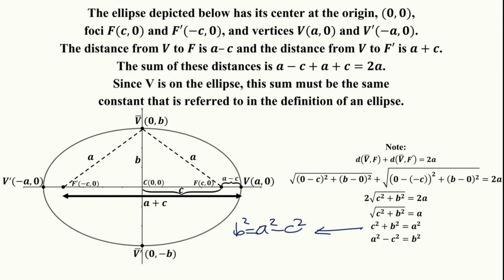We can do that by the symmetric property, which says if a equals b, that implies b equals a. So we just wrote this equation in the other order. All right, and that's the result we've established between a, b, and c for an ellipse. Let's go ahead and see what we can figure out next.